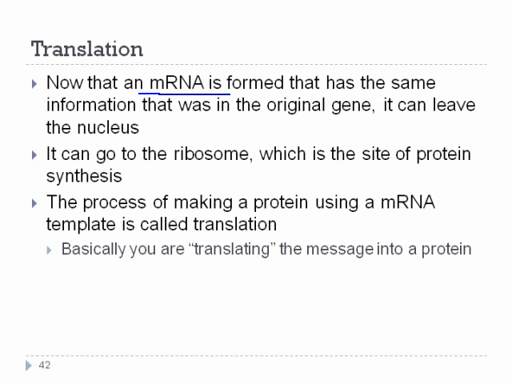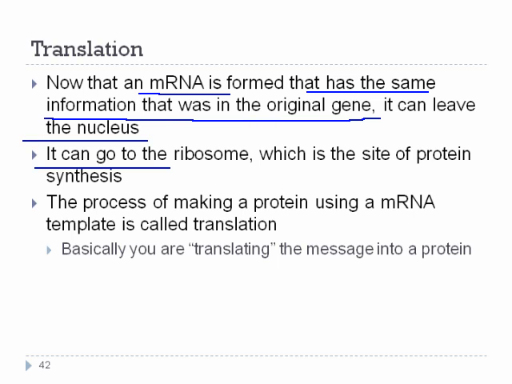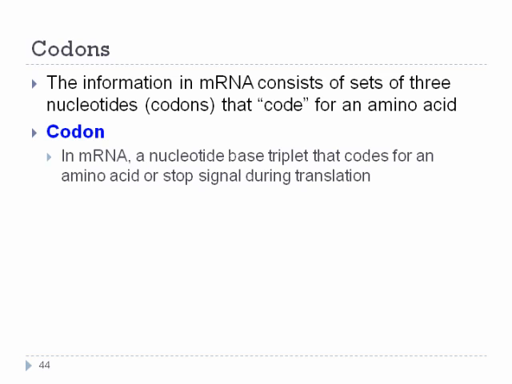So translation starts with that mRNA that we made in the transcription step, and it has the same information that was in the original gene. It leaves the nucleus, goes to the ribosome, and then basically we translate the message into a protein. And how do we translate that message into a protein?